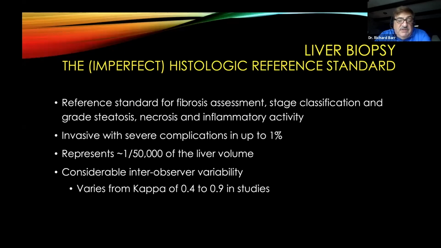It's invasive with severe complications in up to 1%. It represents 1/50,000 of the liver volume, and there's considerable inter-observer variability, which is the key point to remember. So if we look at pathology studies, the pathologists disagree quite often. They only agree 40 to 90% of the time. So when we try to use elastography to correlate with biopsy, we have to deal with a pathologist not being able to give a consistent METAVIR score.